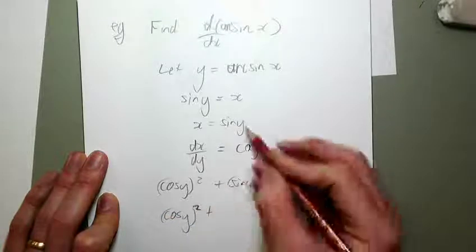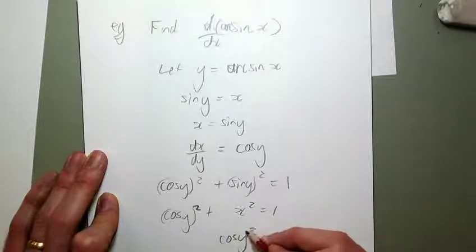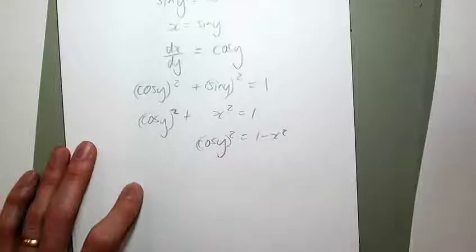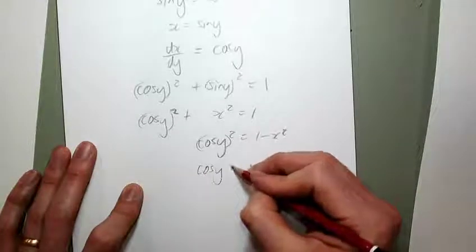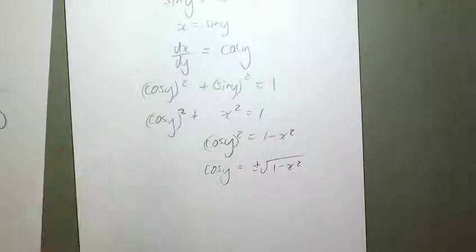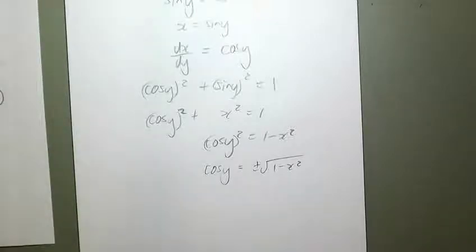But sin y is really x in this context. And here I am here. And so cos y is plus or minus root 1 minus x squared. Here's the problem. How do I know whether it's the positive one or the negative one?